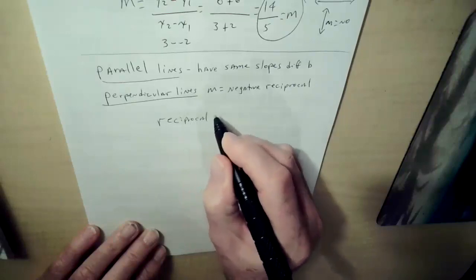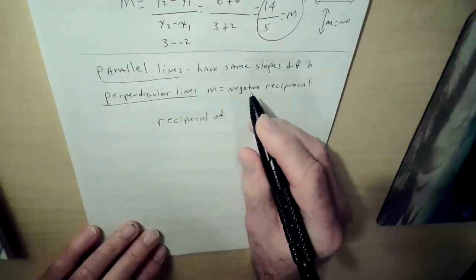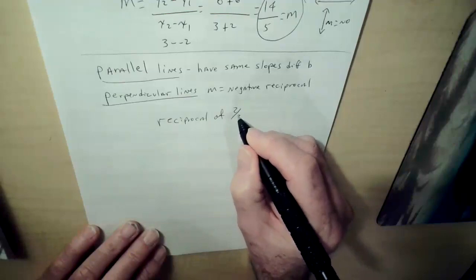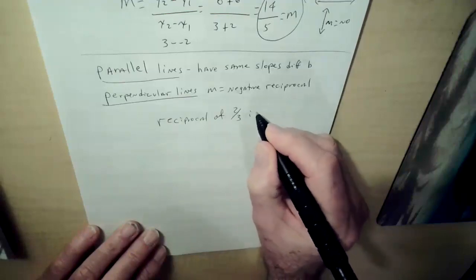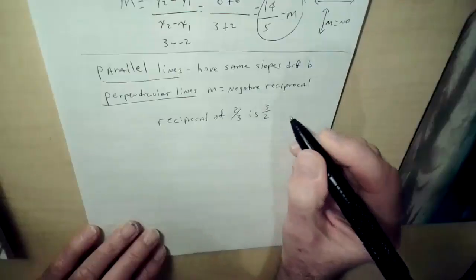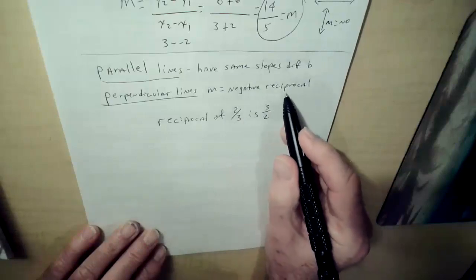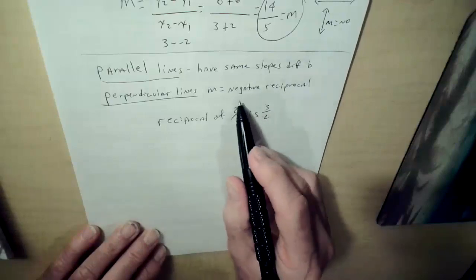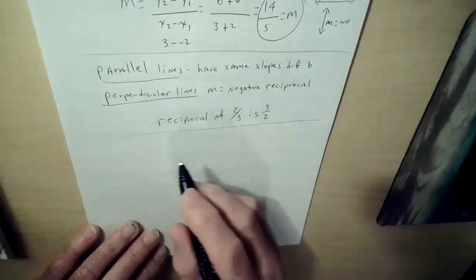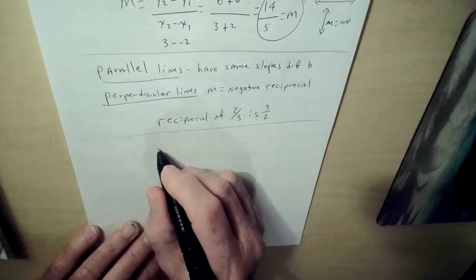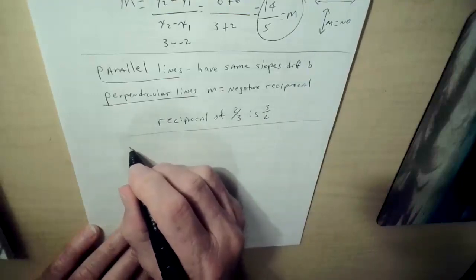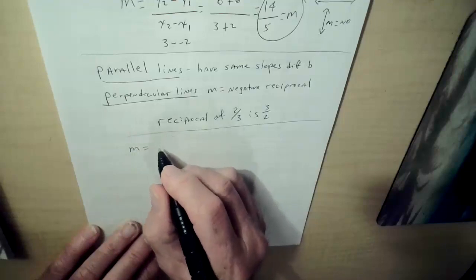Now, what does that mean? Reciprocal means just flip it over. So the reciprocal of 2/3 is 3 over 2. You just flip them over.